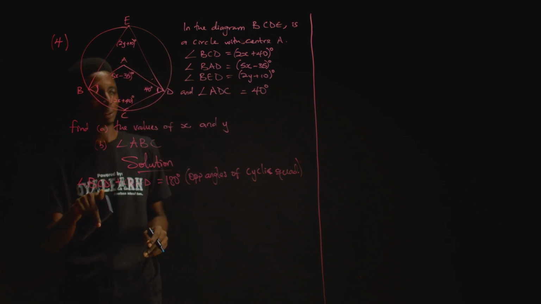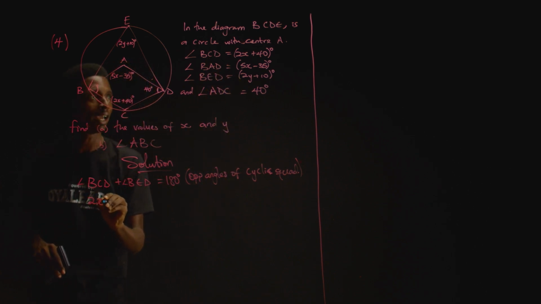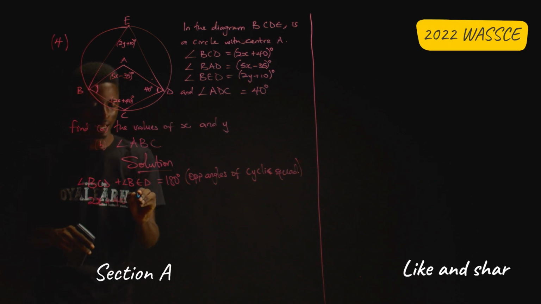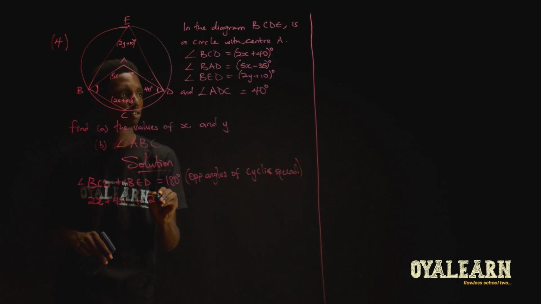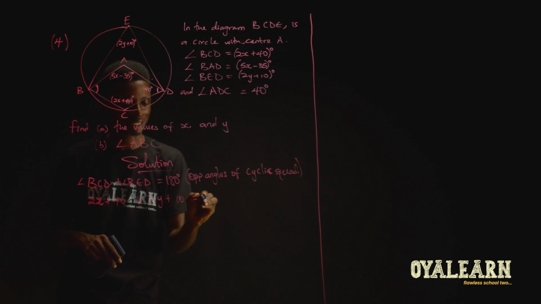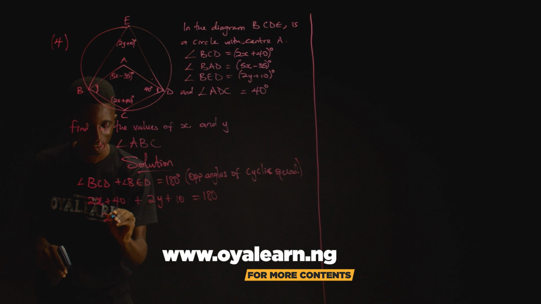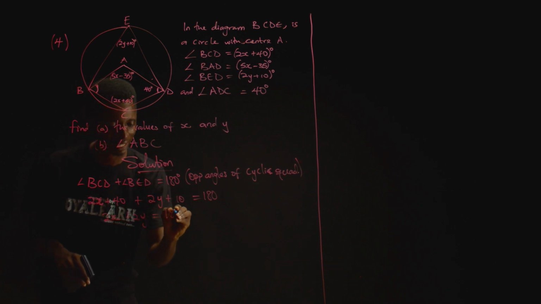So what's the size of BCD? Now BCD is given as 2x plus 40. Then we add that to BED. Now BED is 2y plus 10. And this equals 180. Right? So from here we can say 2x plus 2y equals 180.